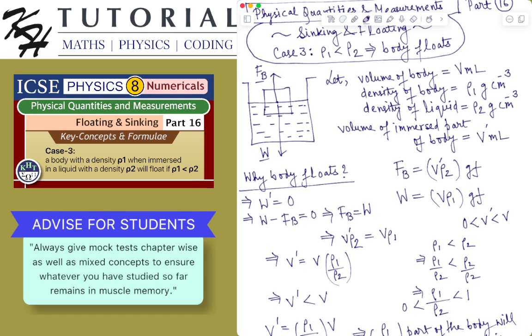Since all these cases are based on specific values of the density of the solid and the liquid, you must understand that if the relative density of the solid and liquid is given, then also you should be able to tell whether the body will sink or float, because from the relative density you can easily get their density in gram per centimeter cube or even in kilogram per meter cube.